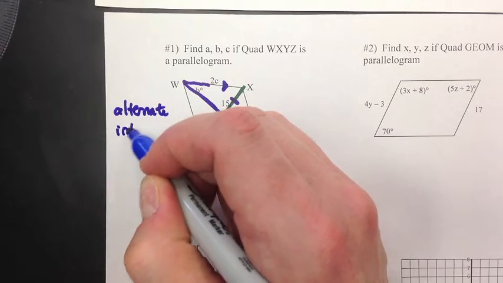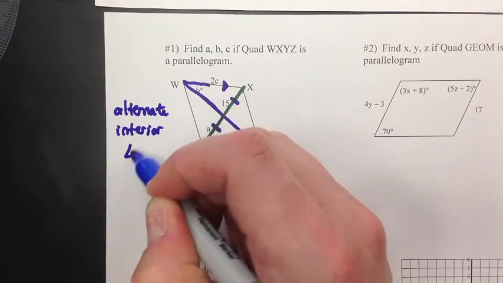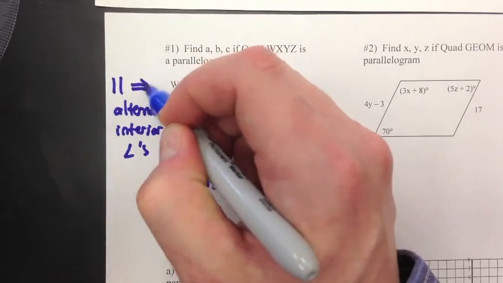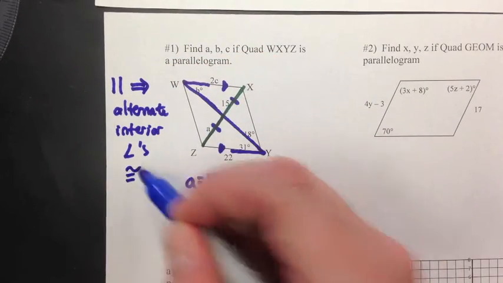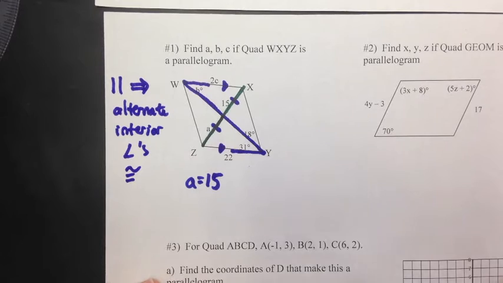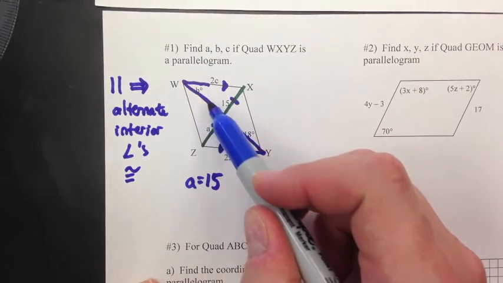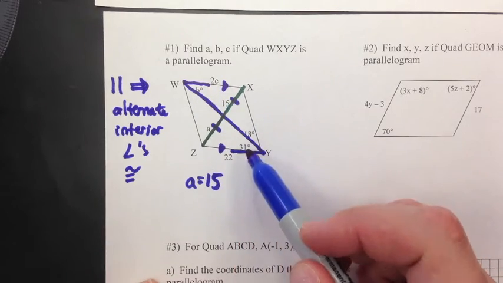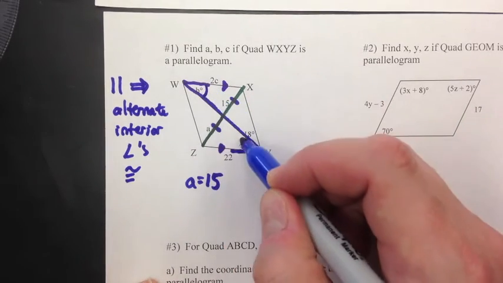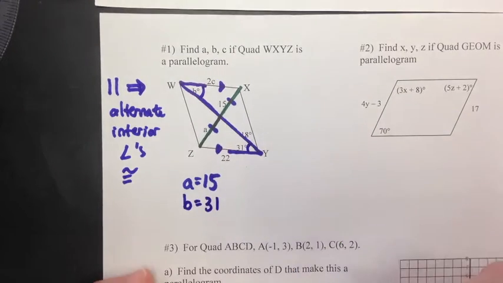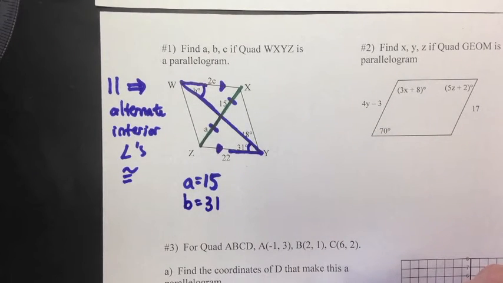When the lines are parallel, parallel lines imply alternate interior angles are congruent. So right away when you look at this, here's B, that gets created by part of the Z, and then this is 31. These have to be the same. So we know that B equals 31. Okay, so we got that one right away.